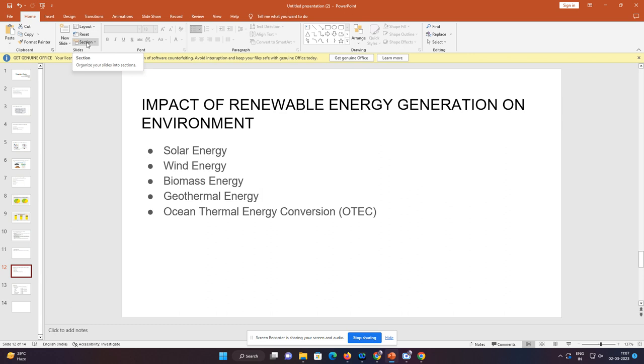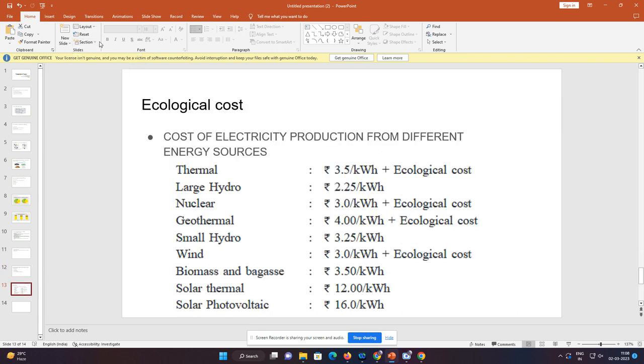It creates an adverse impact on the marine environment, and ammonia is used as the working fluid in the closed cycle of these conversion systems. Its leakage may cause great damage to ocean ecosystems. So these are some of the impacts of renewable energy generation of these five energies.